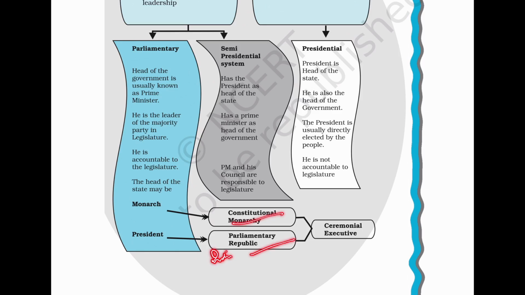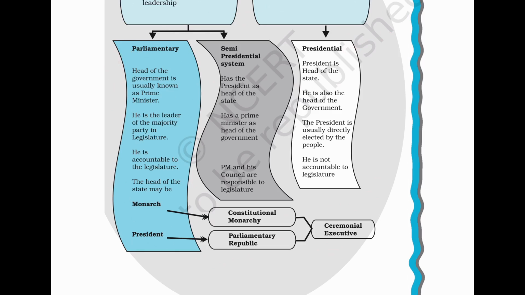And in both of these, either constitutional monarchy or parliamentary republic, we have the ceremonial executive. Ceremonial, or in other words, just nominal. So they are just there at the position for the namesake. The real power lies with the head of the government, which you call prime minister. Of course, the best example is India, so you just take this example.